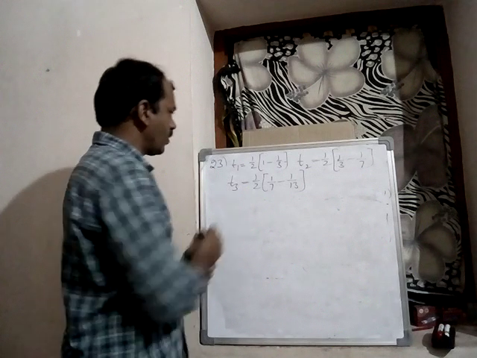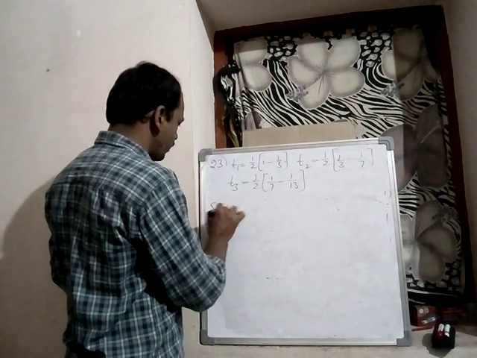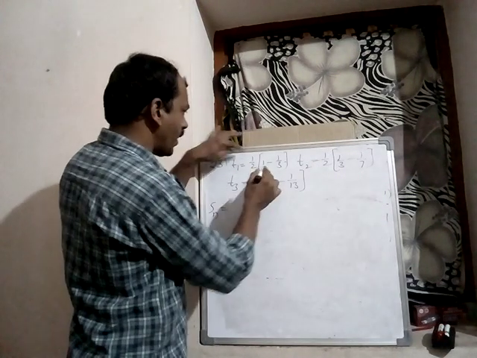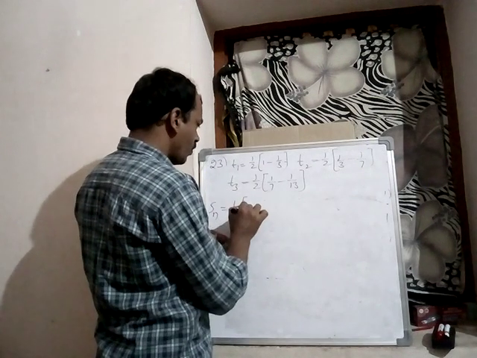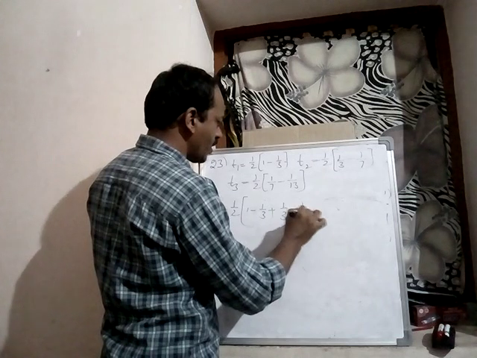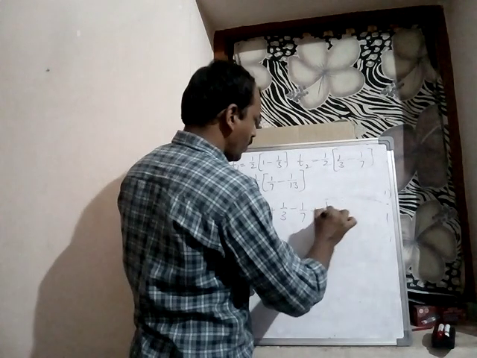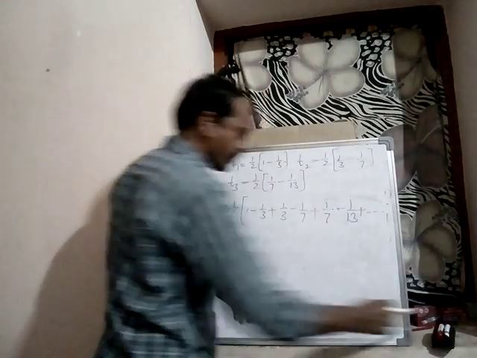So the sum of all these terms, that is the sum of n terms, Sn, is equal to, taking half common, half into 1 minus 1 by 3 plus 1 by 3 minus 1 by 7 plus 1 by 7 minus 1 by 13 plus so on.